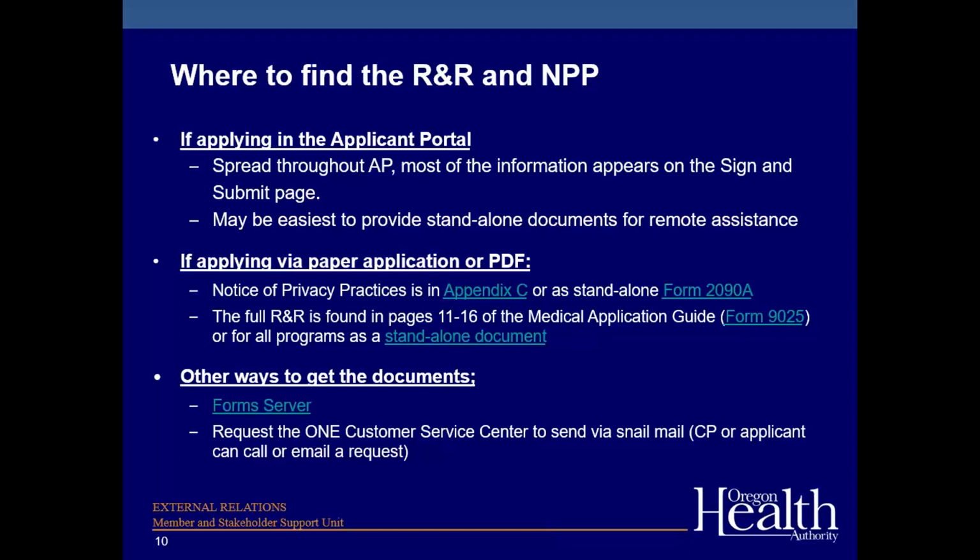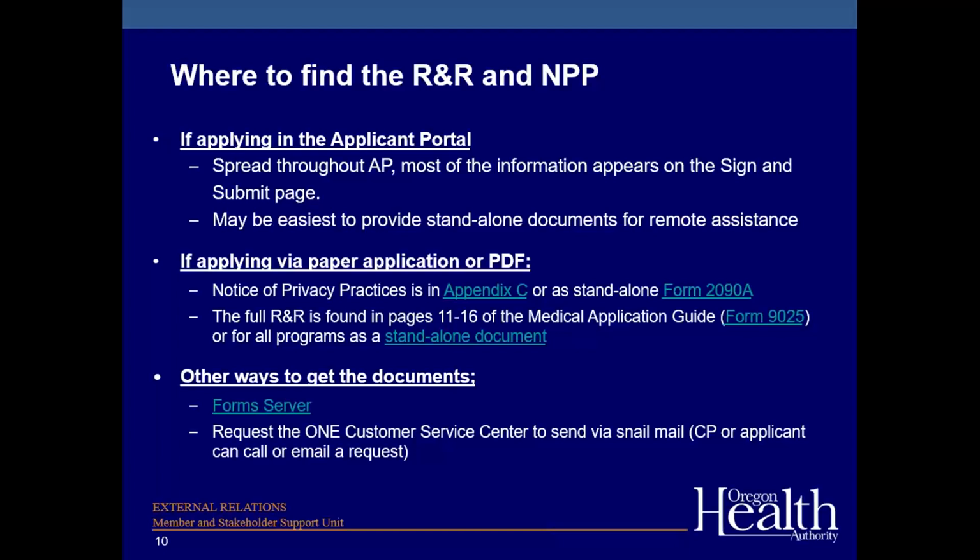These documents are also available in a number of languages, and you can get those on the Forms server. What I'm going to do in a moment is walk you through where to find these different documents and what they look like. And lastly, you can always request these documents for a client, or a client can request them directly by calling the One Customer Service Center and talking to the eligibility teams, or they can be sent via snail mail to a client from the workers, or you can email a request to have them sent from the workers.